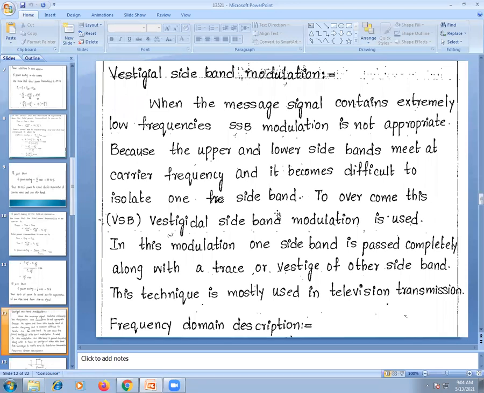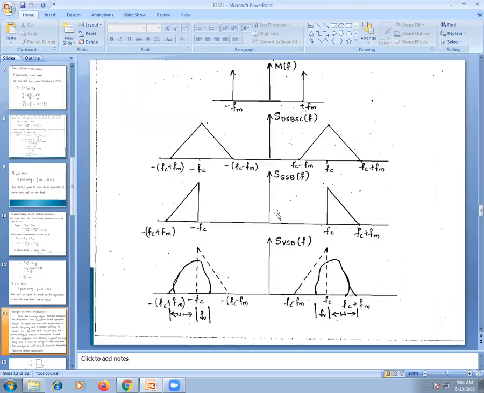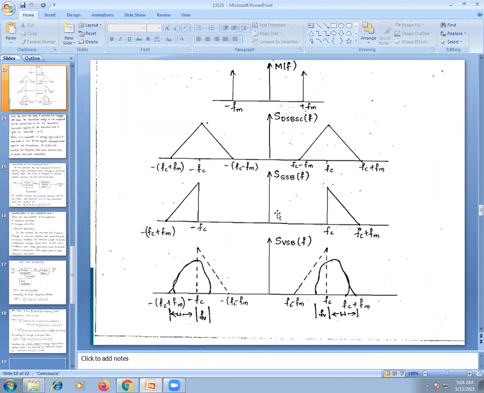Okay, now go for the frequency domain description of vestigial modulation. In the spectral components, the first one is the spectrum of the modulating or message signal, occupied from 0 to fm and 0 to minus fm.